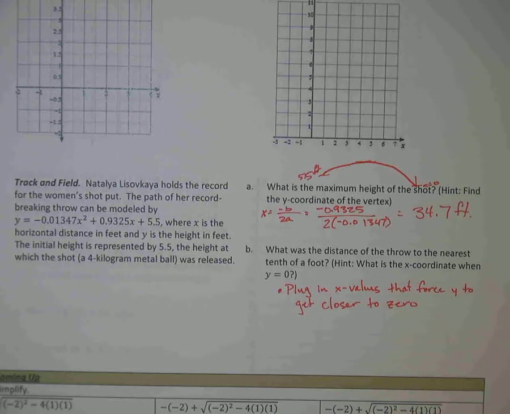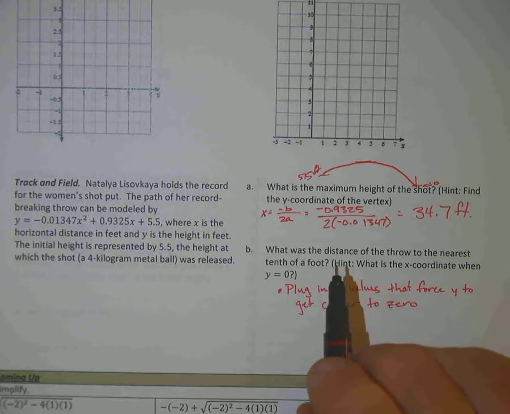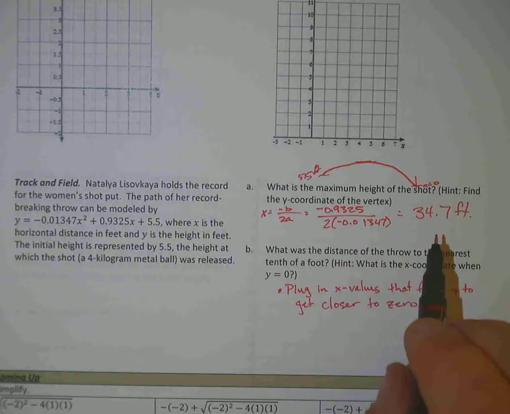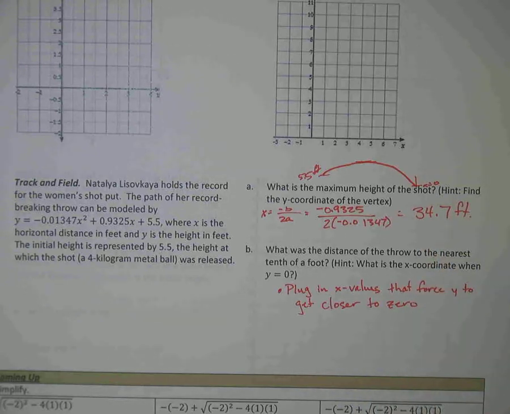Plug in x values that force y to get closer to 0. Just meaning, you're probably going to look at some pretty big x values. Remember, this is a world record, at least at one point, distance that you're looking for. So just make sure you get your x's going bigger and bigger.